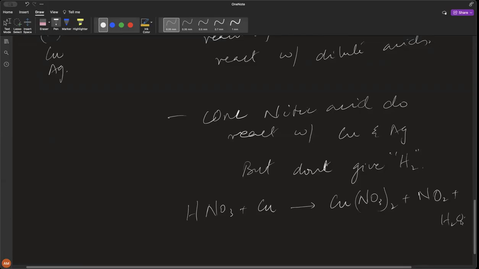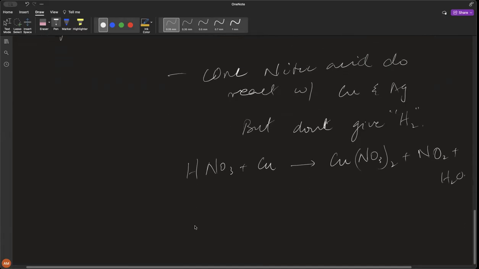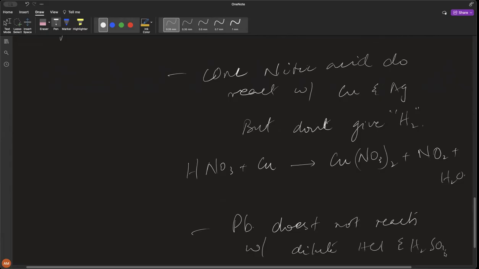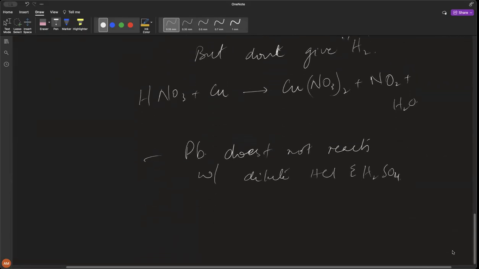Another exception is lead. Lead is an exception from the reactivity series. Lead does not react with dilute hydrochloric acid and sulfuric acid. Why?